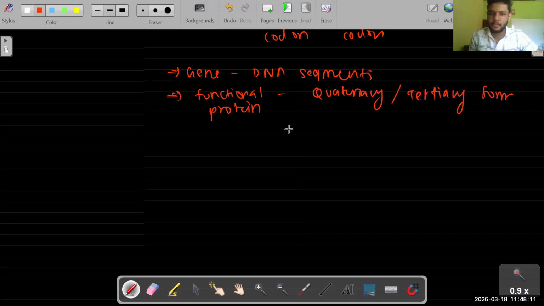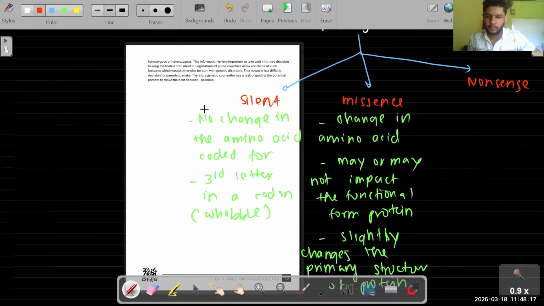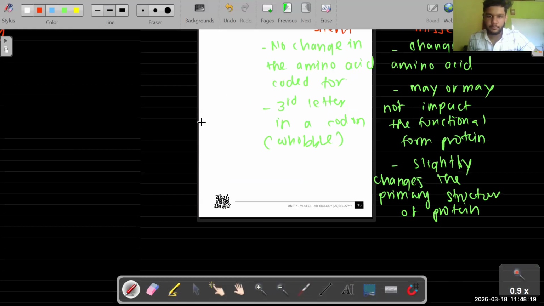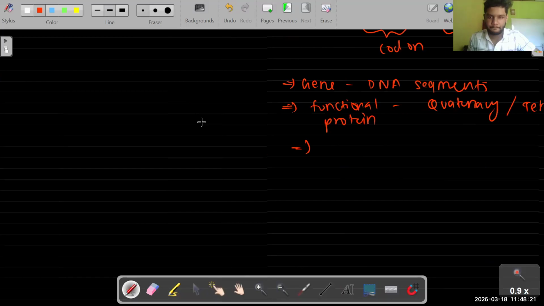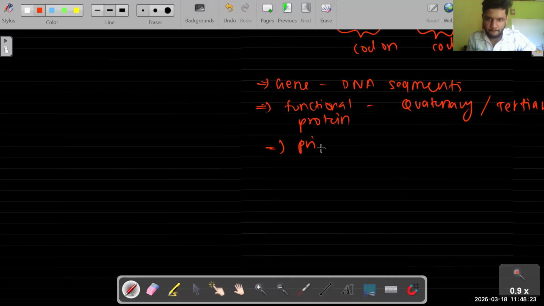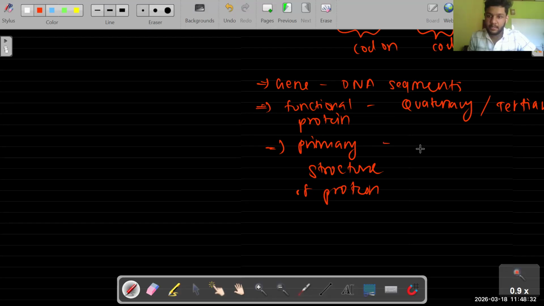When you come across the word primary structure of protein, remember amino acid sequence. It is in its amino acid sequence form, right?